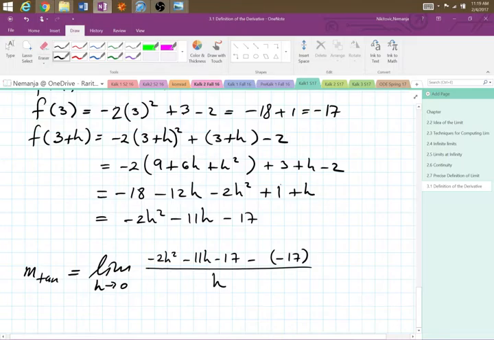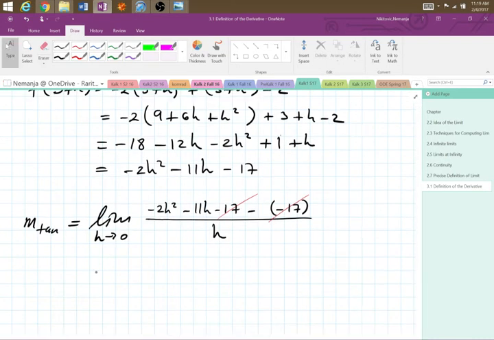How do you solve this limit? So yeah, these guys cancel because negative 17 plus 17 is 0. Now you see that you can factor h and cancel, and you can get the limit. So kick h out.